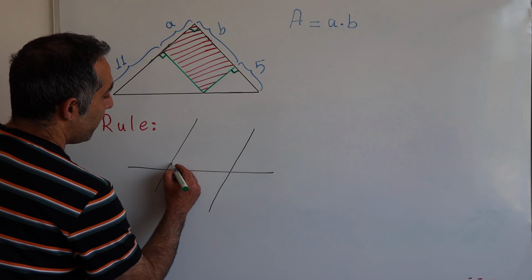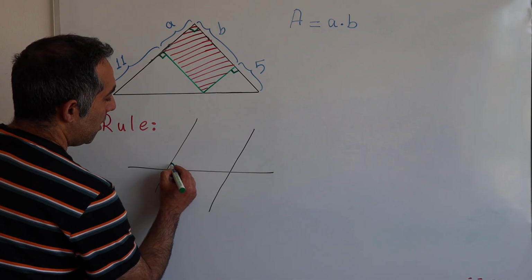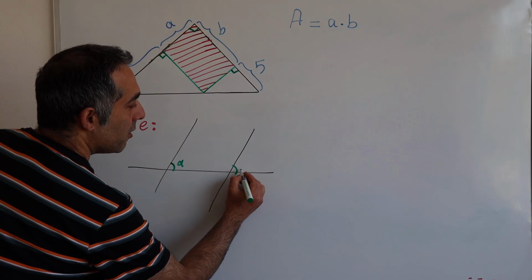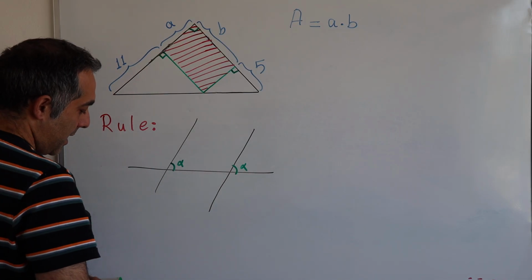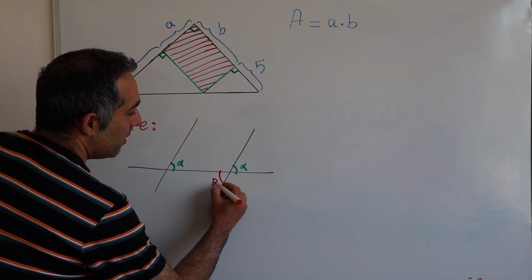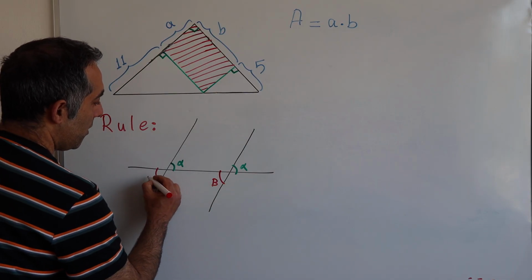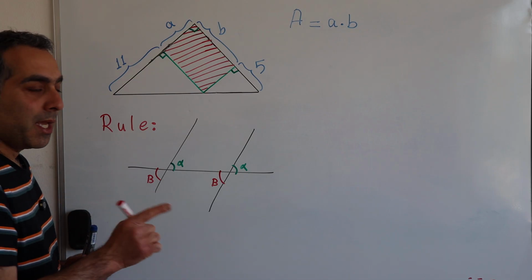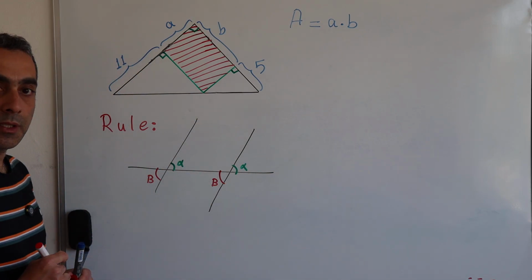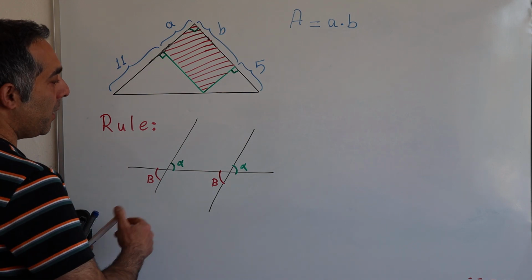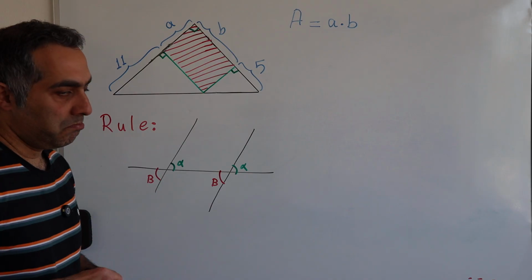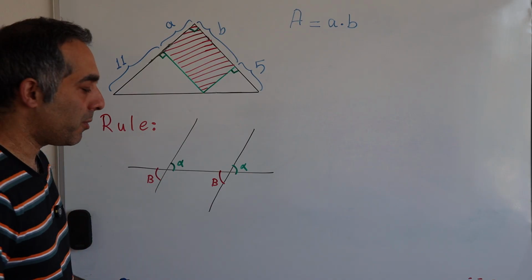For example, if you call it alpha here, then the similar one is here, which is alpha. And if this one is beta, this one is also beta. So if you have two parallel lines and one line crossing them, then similar angles are the same. This is a very important rule to make everything easy for the problem.